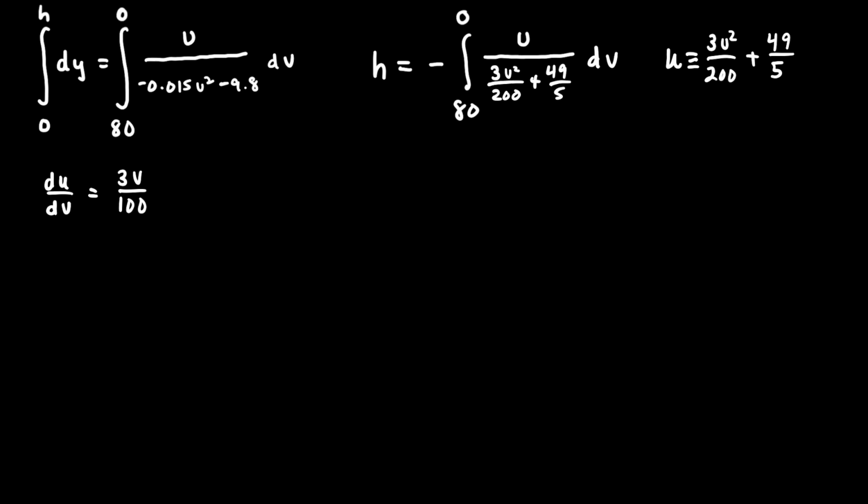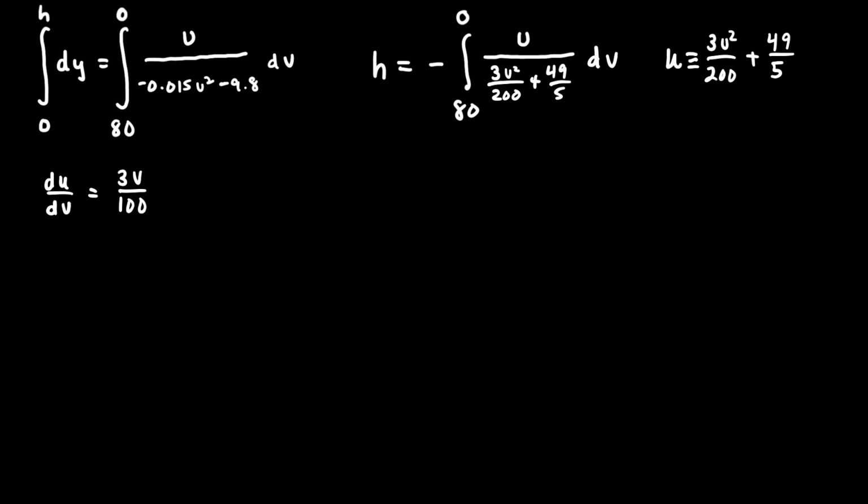And for the first term of u, if I take the derivative with respect to v, the squared would come down and make 6 over 200, and 6 over 200 is the same as 3 over 100. And then of course I would subtract 1 from the exponent and just have v. So du dv comes out to just be 3v divided by 100.